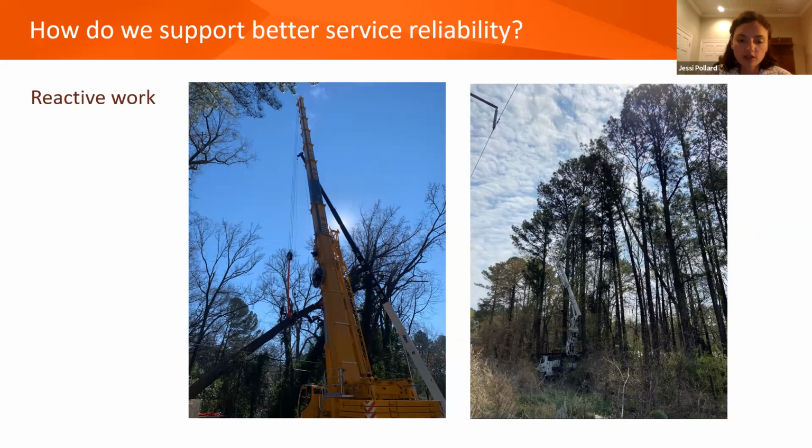So this picture on the left, you can see we're utilizing a crane to remove a tree that had fallen, actually made contact with one of our lines. And then on the right-hand side, you can see that we've got a tree that's uprooted on one of our transmission rights of way that's potentially a hazard to the line. If it comes on over, it could catch one of those lines on the inside.